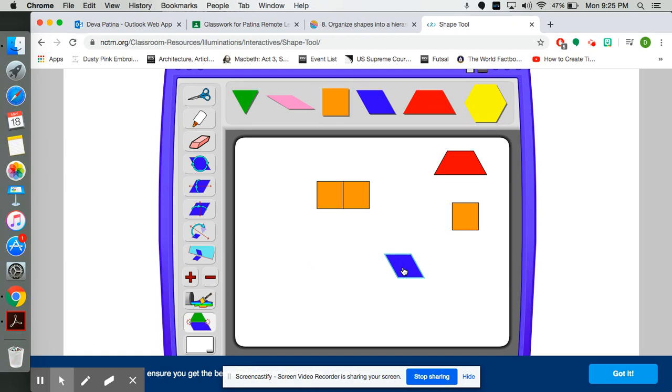So the first thing we're going to talk about is quadrilaterals, and if we count, all of these shapes have four sides. So these are all different types of quadrilaterals. One way to think about this, guys, is thinking about dogs, or different breeds of dogs.